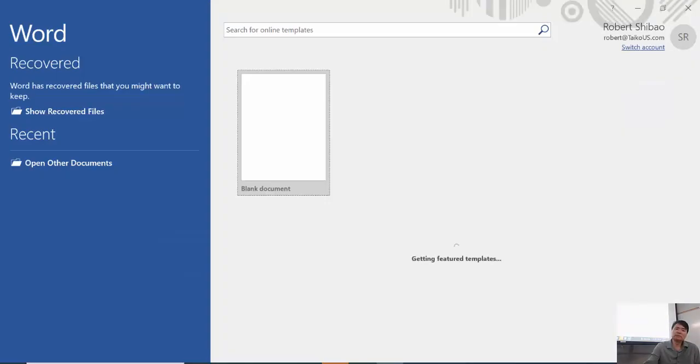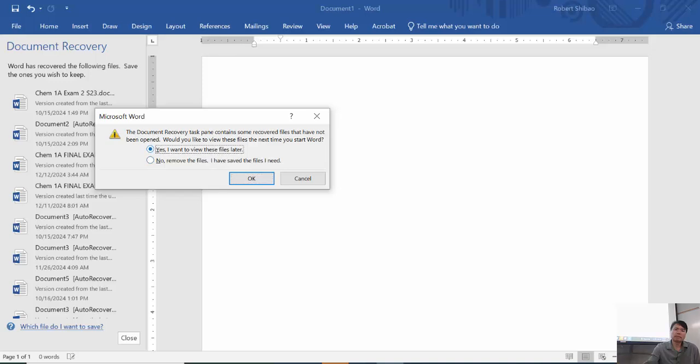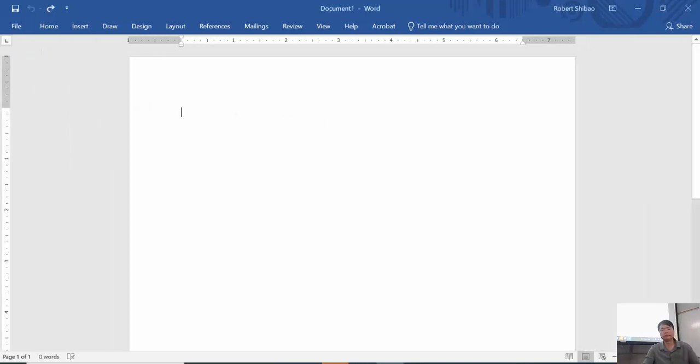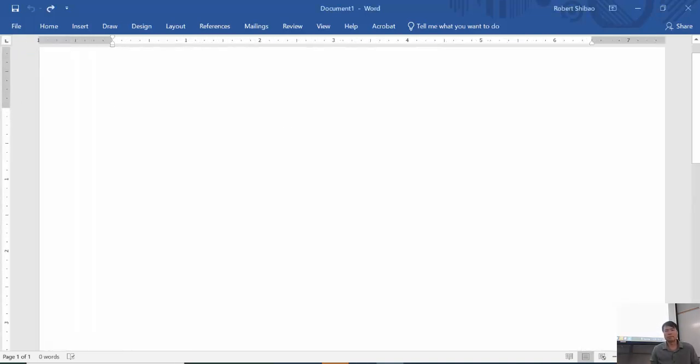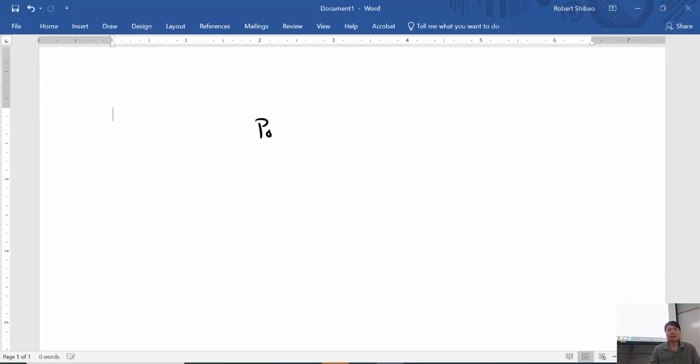And so let's see if this works for me. So the property is, is it polydentate or is it not polydentate?